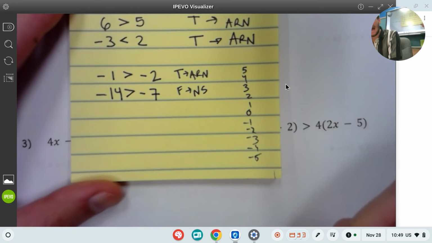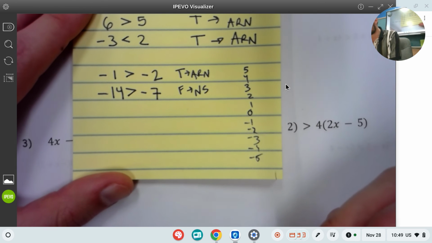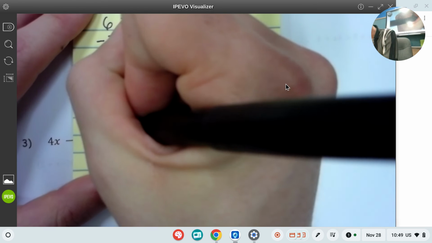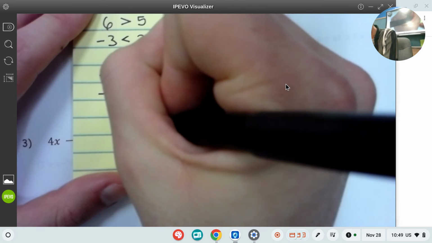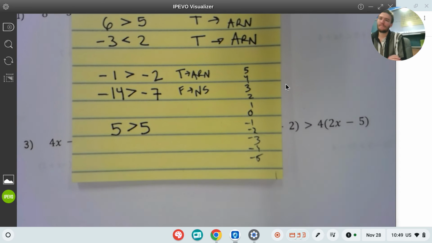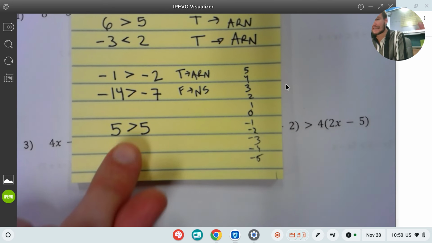Now, the last thing that we might run into is, what if we see something like this? 5 greater than 5. The question that you ask yourself is, are we allowed to be equal to each other here?